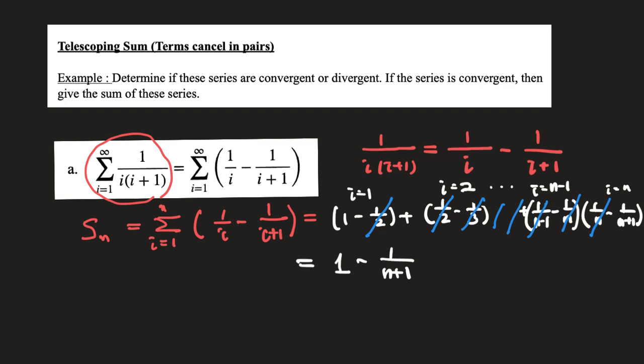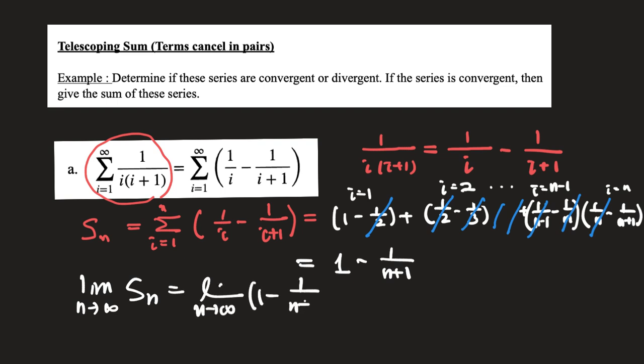Now, after you find the partial sum, we want to find the limit of this partial sum. Let's just take a limit. The limit as n approaches infinity of Sn is the limit as n approaches infinity of 1 minus 1 over n plus 1. The term 1 over n plus 1 goes to 0 as n approaches infinity. So this partial sum is going to be 1.